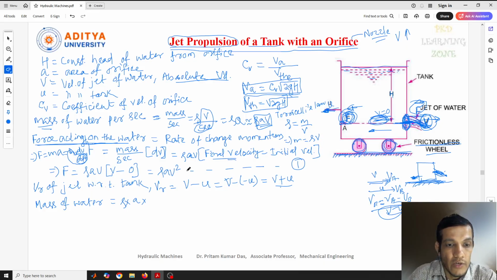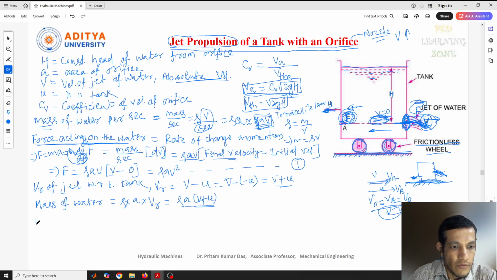That means we need to consider VR, not V. So this is rho A (V plus U). Initially it was only rho A V, but here we got V plus U because relative velocity is considered.